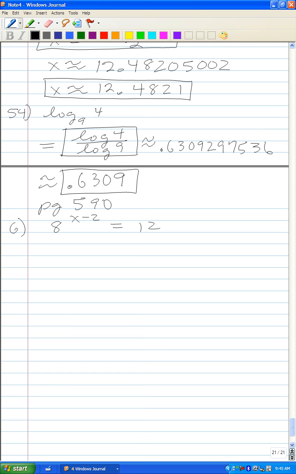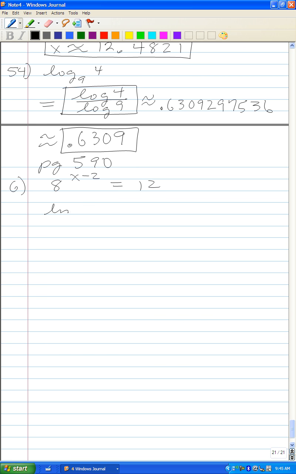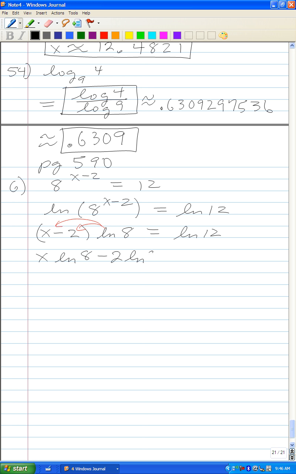Okay, so let me take ln of both sides of my equation. By the properties of logarithms, I can just bring the exponent out in front. Let me multiply the ln 8 inside the parentheses. By distributive property, I have x ln 8 minus 2 ln 8 equals ln 12.